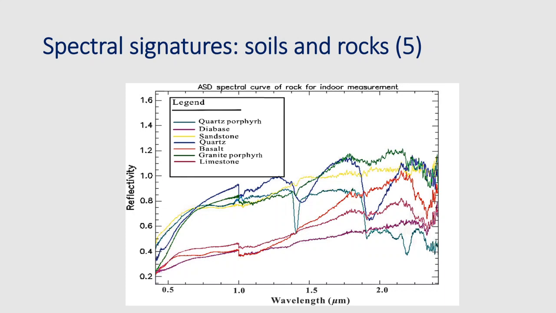They actually have a similar trend because they are increasing the reflectivity with longer wavelengths, but you see that in the middle something very different is happening. This is not really a diagram representing a parametric variation, a changing of the same curves, but there are very different curves. This is due especially to what we mentioned before, that for rocks it's very difficult to generalize a single spectral signature.